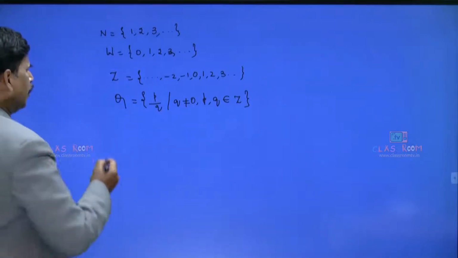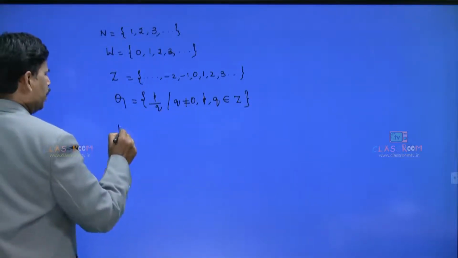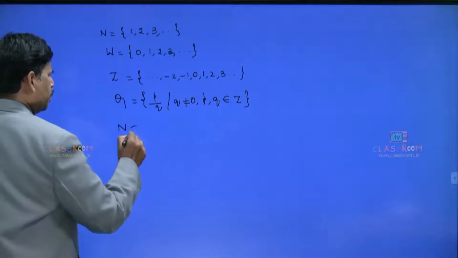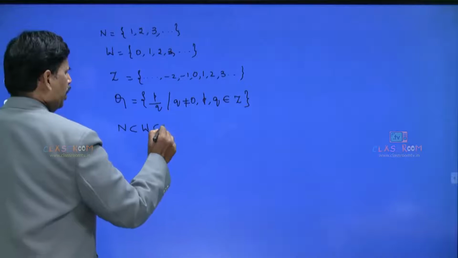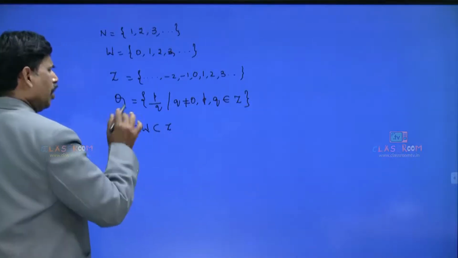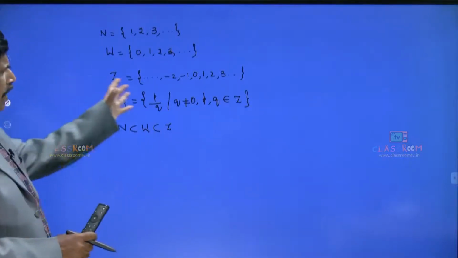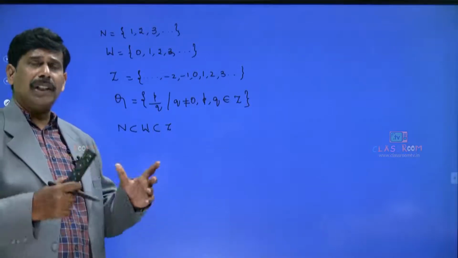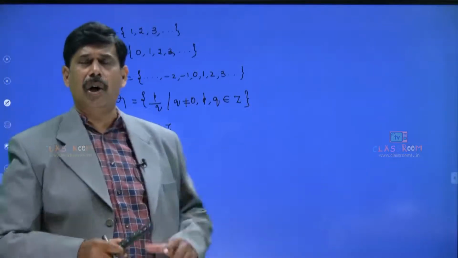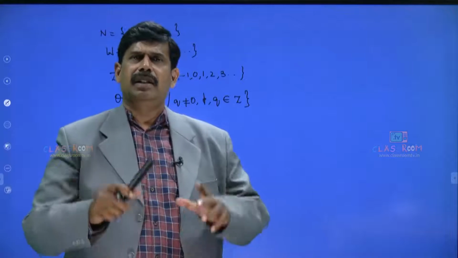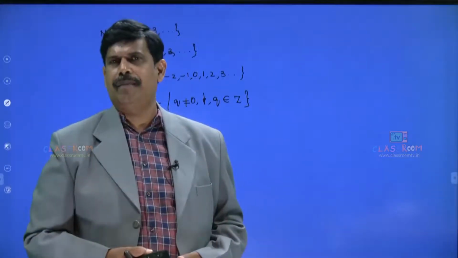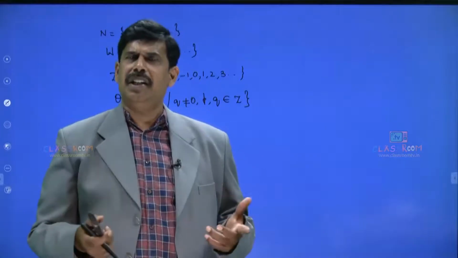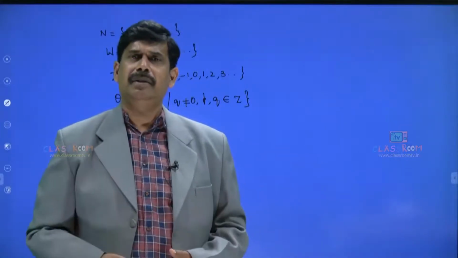So it is clear, we already learned the natural numbers are a subset of whole numbers. Whole numbers are a subset of integers. And all the integers can be written as rational numbers. Say suppose 5, it is an integer, you can write it as 5 by 1.